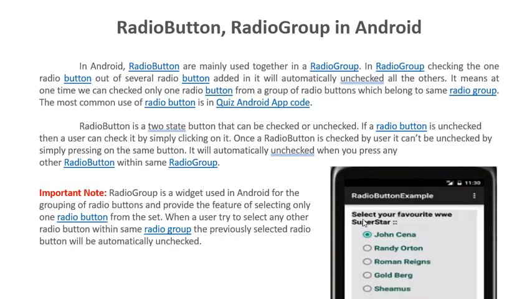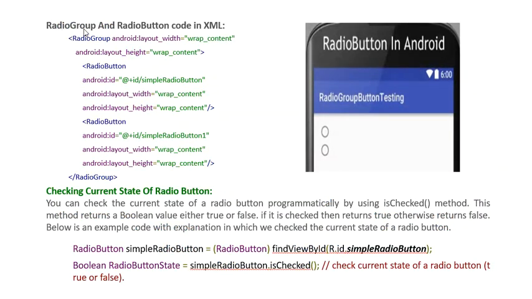Look at the figure: select your favorite WWE superstar. The superstars' names are in the radio buttons, all inside one group, and any one can be selected. When John Cena is selected, the others are unchecked, and when another is selected, John Cena is unchecked.